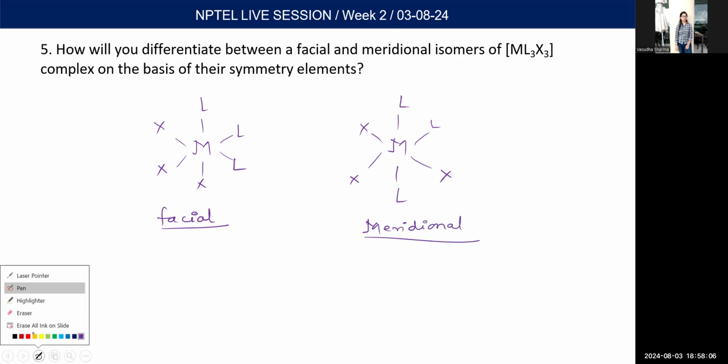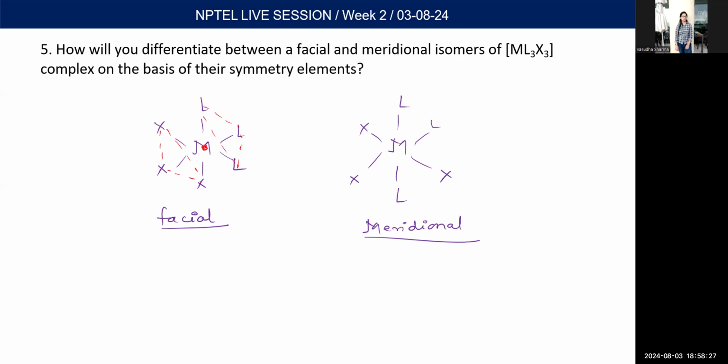Now here, if you carefully see, since it does not belong to an octahedral cubic symmetry as there are two different ligands, we need to find out what the principal axis is over here. These three X form one triangle and these three L form another triangle. If I have a C3 from the center, so C3 goes from here, then with a 120 degree rotation, all the X would be rotated by 120 and L would be rotated by 120, and therefore C3 would be present as it will give you an equivalent conformation.